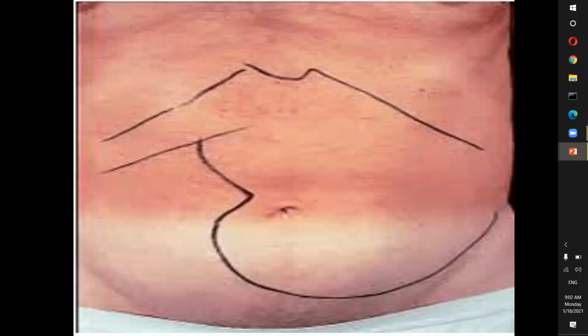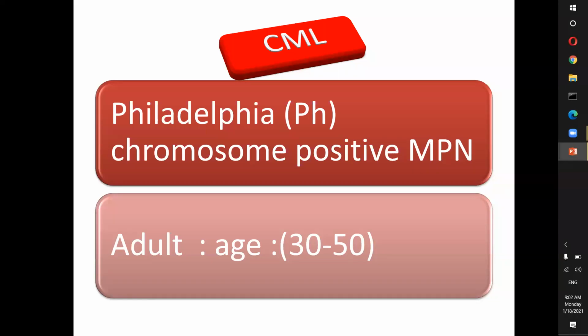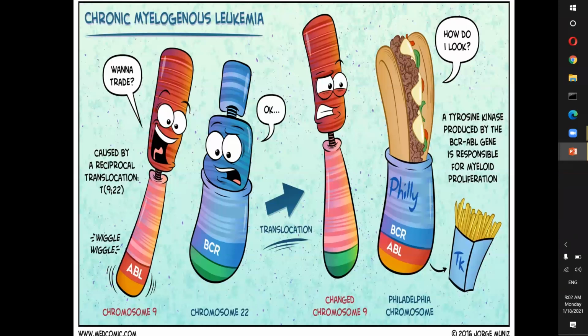CML, chronic myeloid leukemia, Philadelphia chromosome positive myeloproliferation, in an adult from 30 to 50. This picture shows a chromosome called the Philadelphia chromosome.